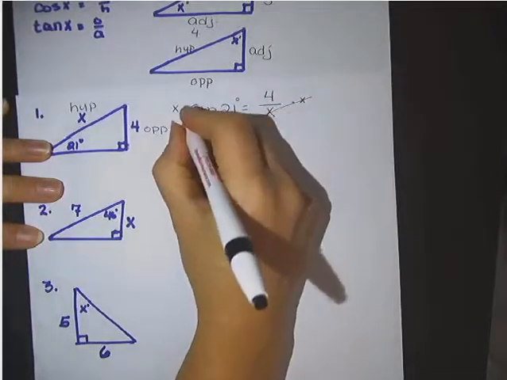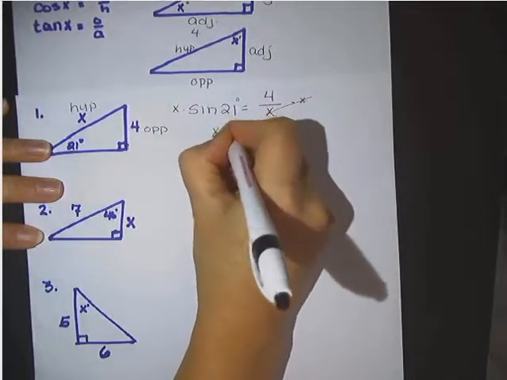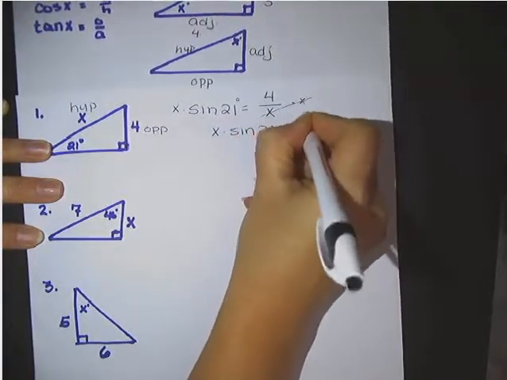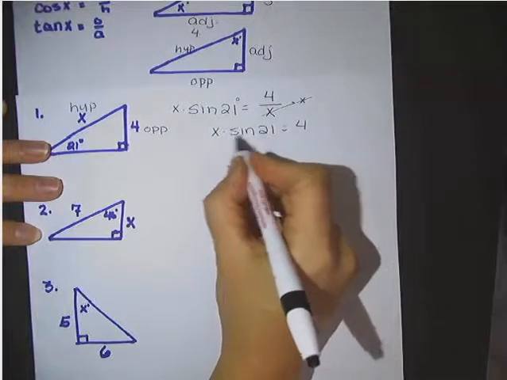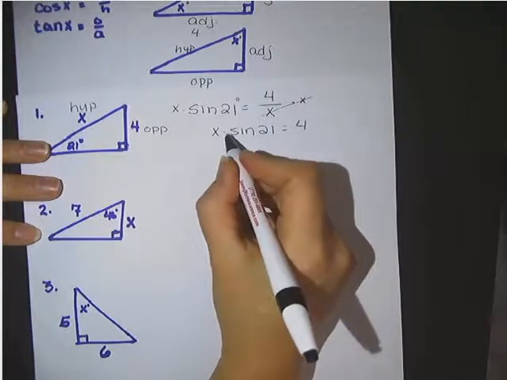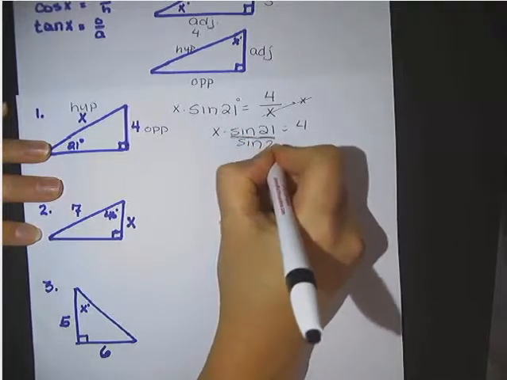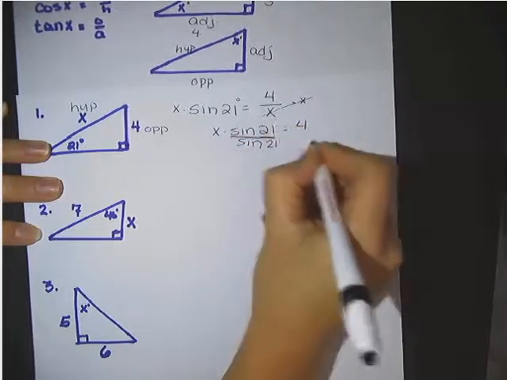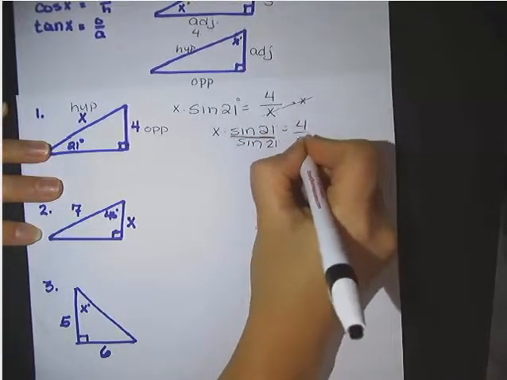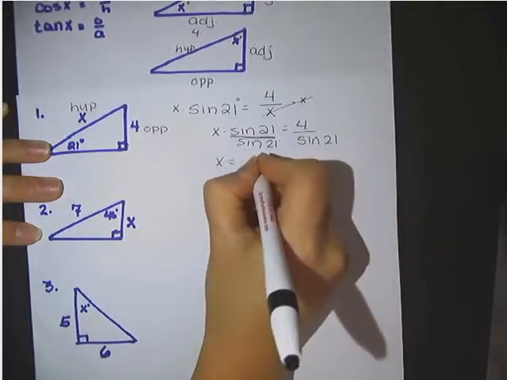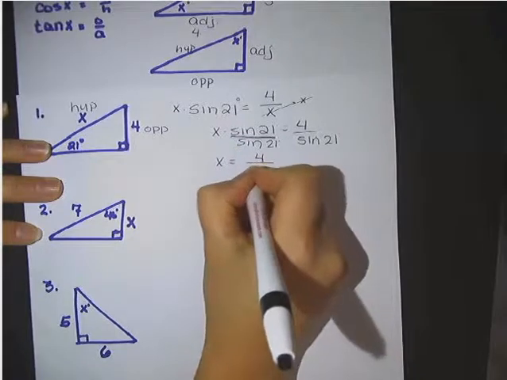Here we have x times sine of 21 equals 4. Now the sine of 21 is just a number, and it's connected to x with multiplication. So we're just going to divide it, the opposite operation, to the other side. So x equals 4 divided by the sine of 21.